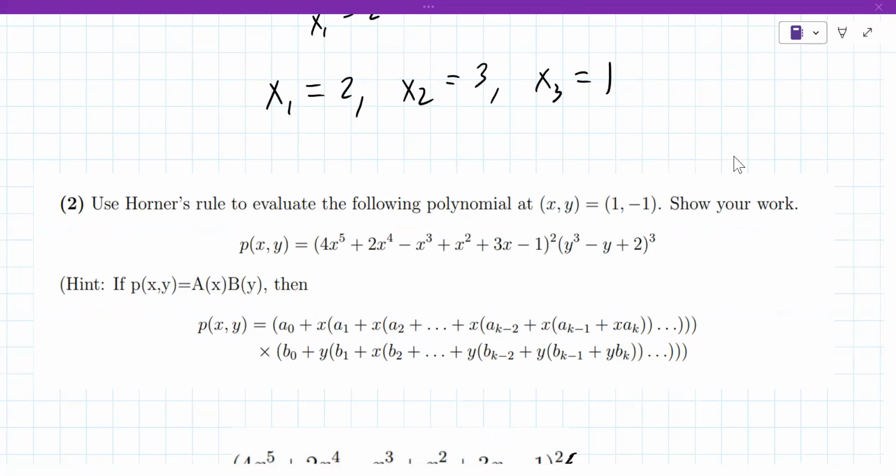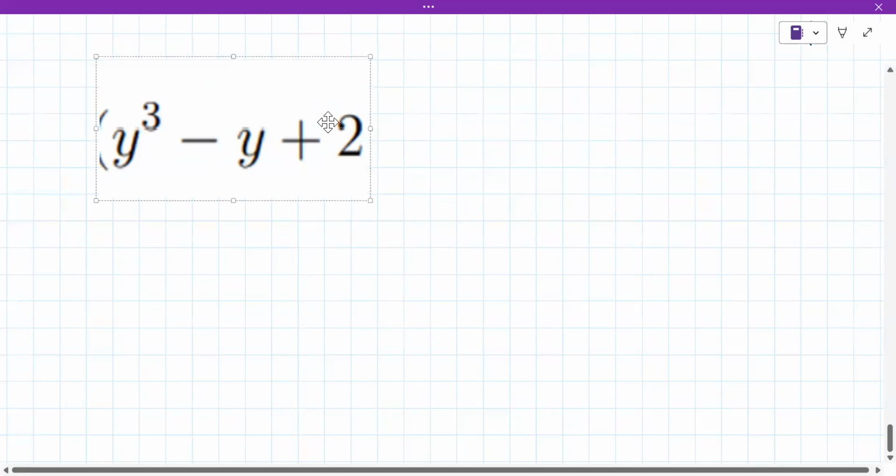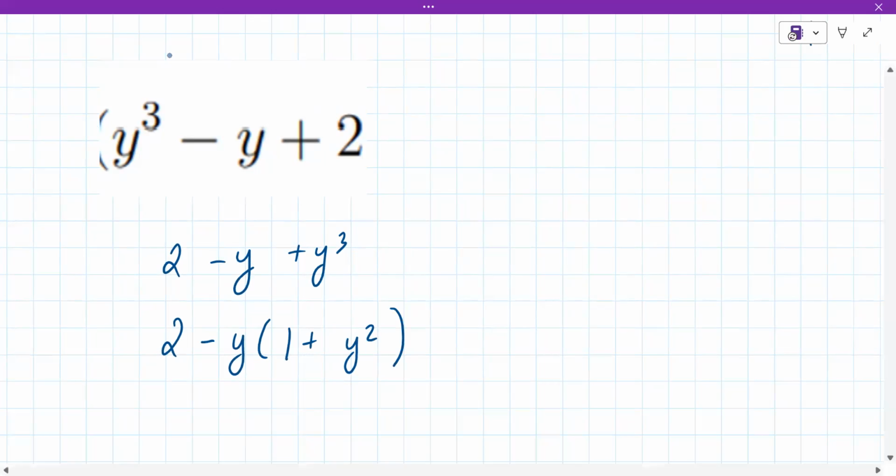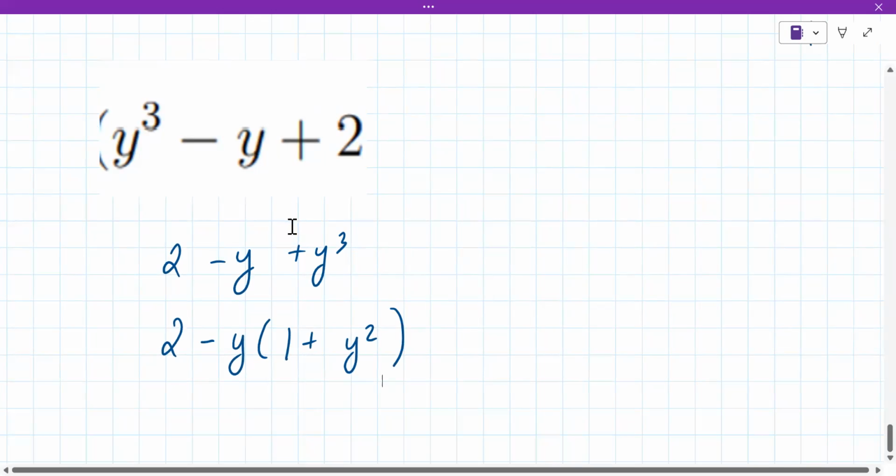All right, so let me grab a snip of this. Okay, here we go. So again, we should rewrite this 2 minus y plus y cubed. So it looks like this 2 minus y 1 plus y squared, like that. There's really a 0y cubed here, which we might as well throw that in.